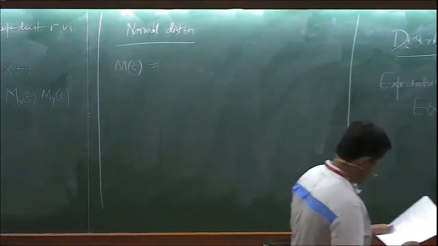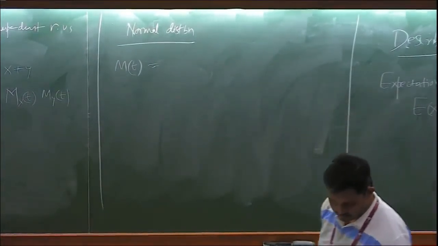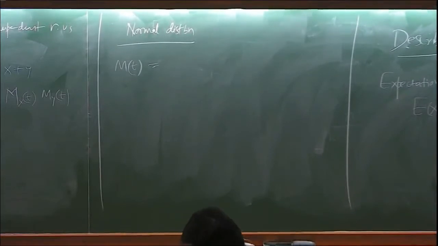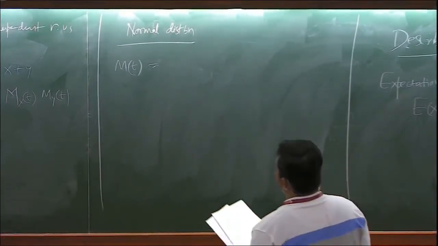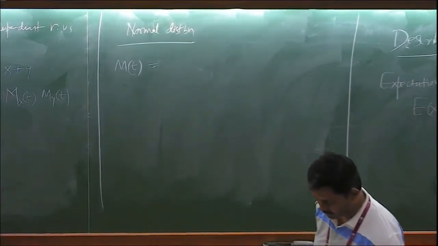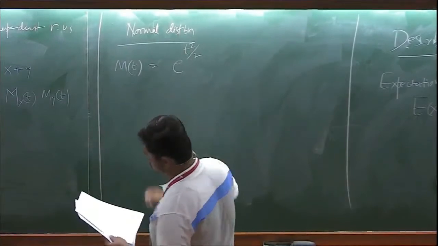Work this out. It is the standard Gaussian integral that we all know. Again, I'll leave it to you. It's a simple exercise in completing the squares. Once you do that, you'll find that the moment generating function is just e to the t squared over 2.